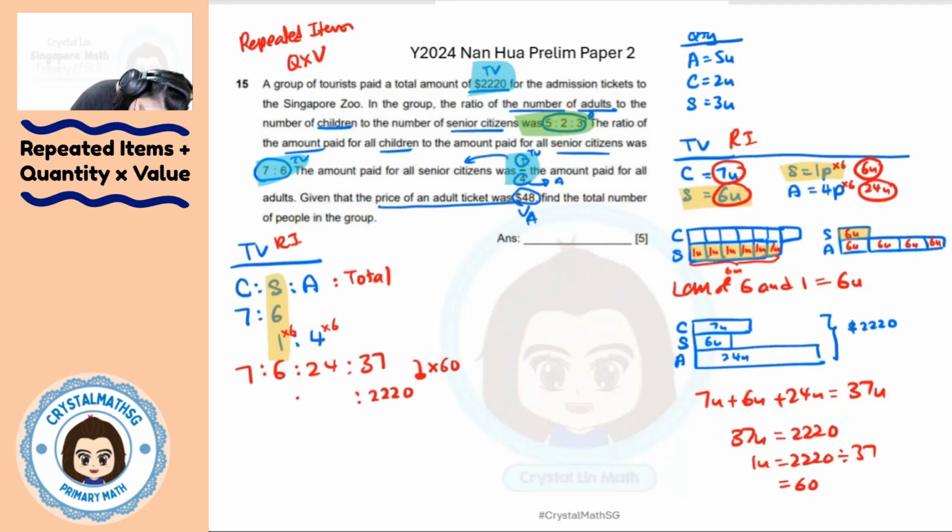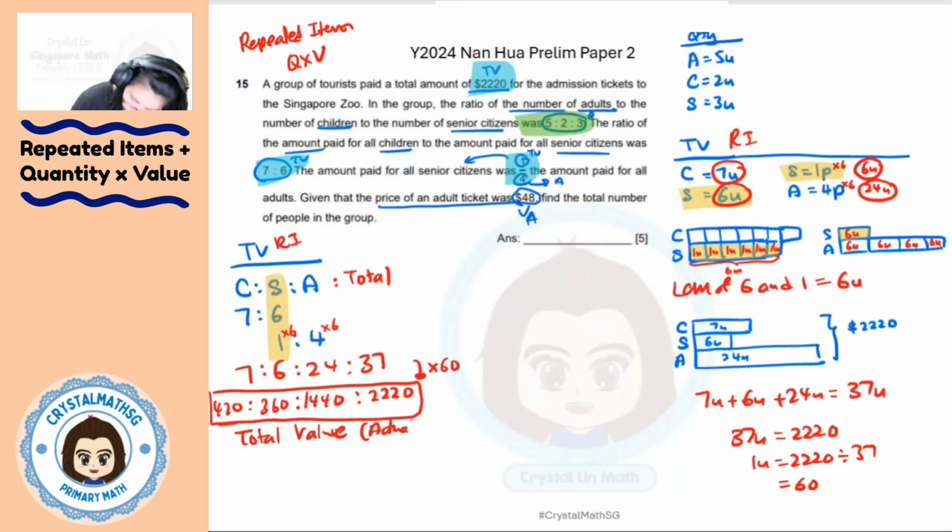Just that for ratio it's slightly easier, I can just use one line to represent all the 3 items plus the total in one line like this, and call this the total value. And then if you want, you can write a bracket to remind yourself this is the actual amount.